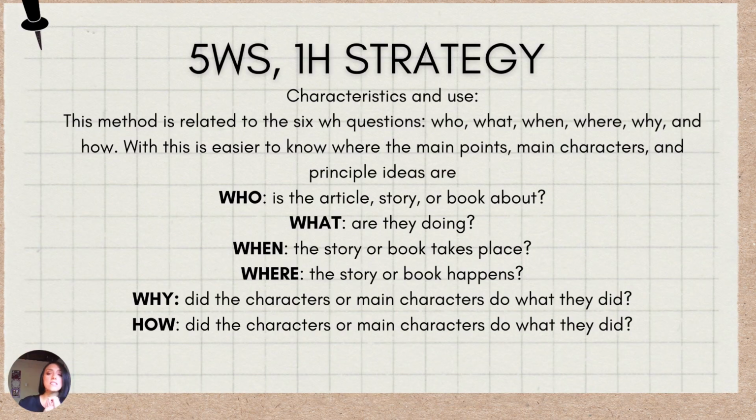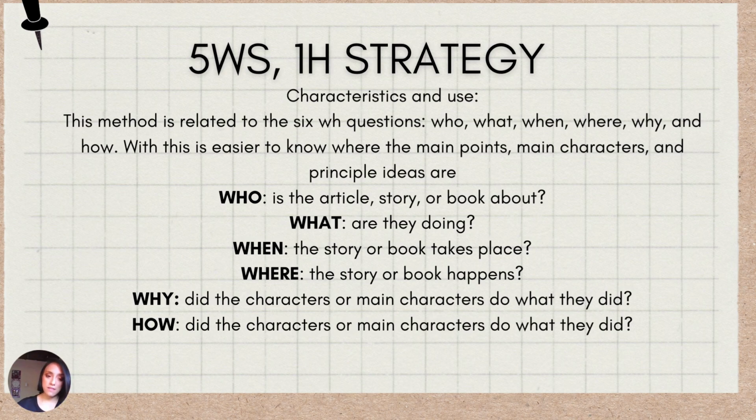Now, the second is the 5W and 1H strategy. This method is related to the WH questions: who, what, when, where, why, and the 1H, how. With this, it's easier to know where the main points or main characters or the principal elements are.